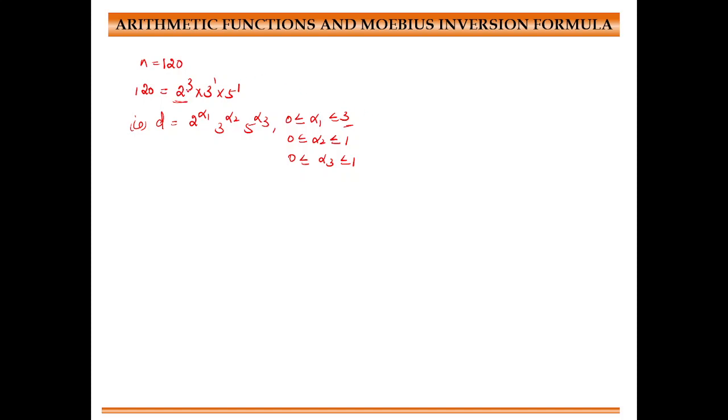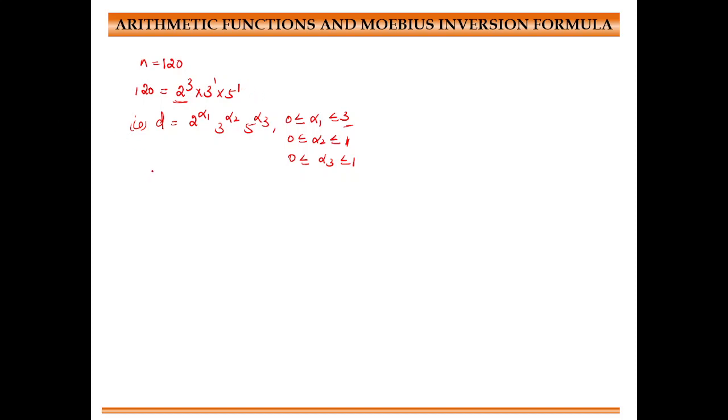Maximum power of 2 is 3. This 1 is the power of the next prime number. Here also the maximum power of 3 is 1. And this is the power of 5. Maximum power of 5 is 1.